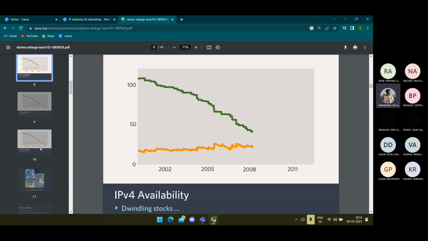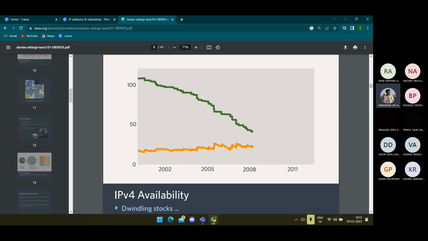Nowadays we have various kinds of smart devices which need an IP address. For example, IoT devices like Alexa, smartwatches, and smart home appliances all need an IP address to communicate with each other and the internet, and be smart, right? So we need addresses which can be provided to all. So we have IPv6, which is 128 bits.